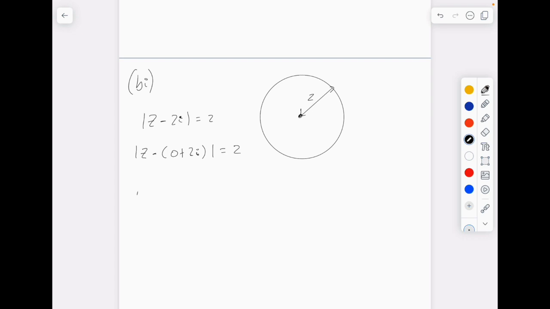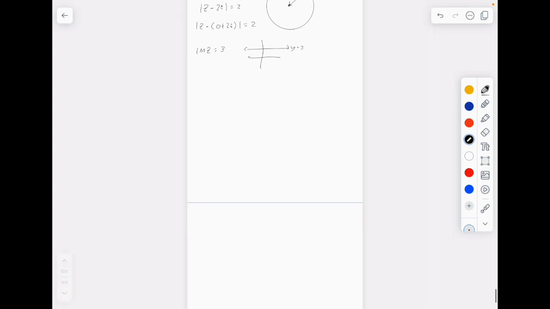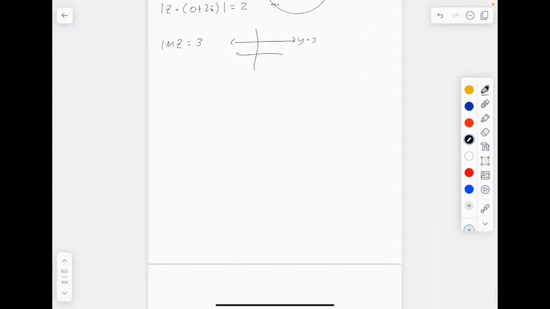Meanwhile, the imaginary part of z equals 3. It's pretty much just saying that it shows all values where the imaginary part equals 3. So how do we put this together? It's very simple. All we have to do is draw an axis.